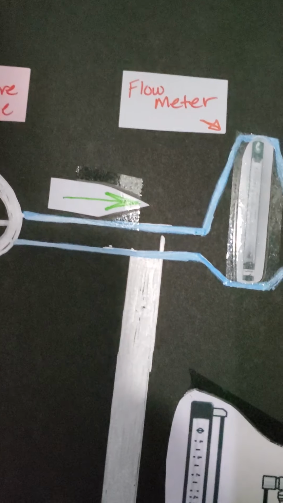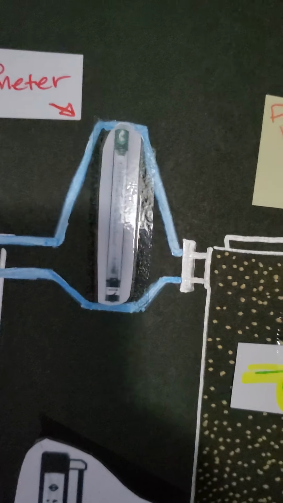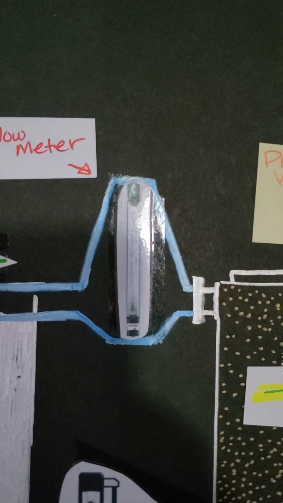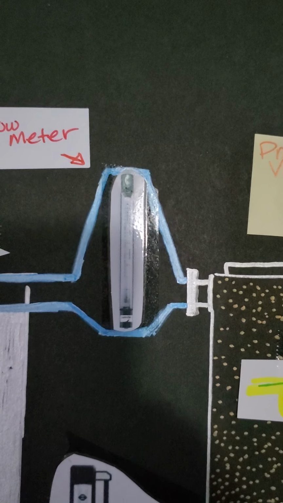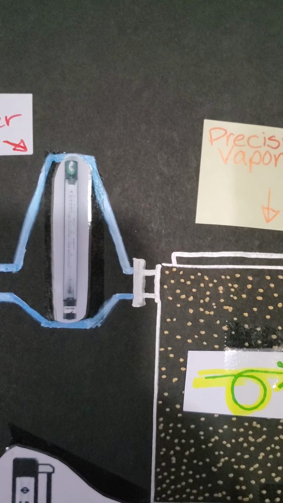So what do we need? We need it to go through the oxygen line and into the flow meter. The flow meter will change that pressurized gas to about 10 to 15 psi. And at this point, it is safe. It is safe for our patients.